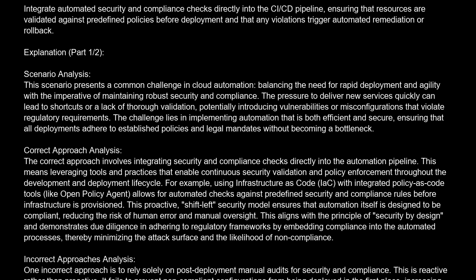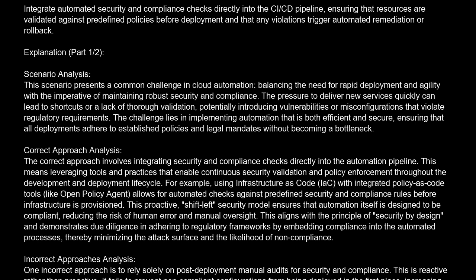Correct approach analysis. The correct approach involves integrating security and compliance checks directly into the automation pipeline. This means leveraging tools and practices that enable continuous security validation and policy enforcement throughout the development and deployment lifecycle. For example, using infrastructure as code (ISC) with integrated policy as code tools, like Open Policy Agent, allows for automated checks against predefined security and compliance rules before infrastructure is provisioned.